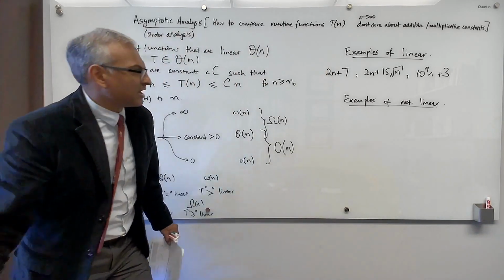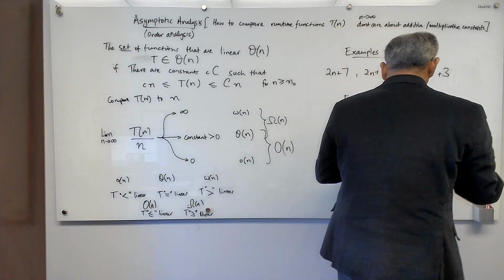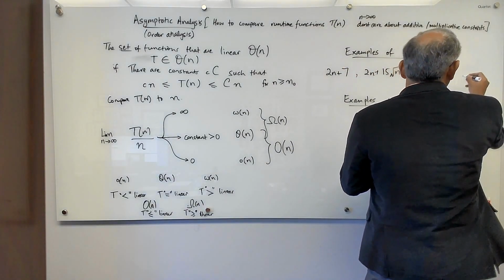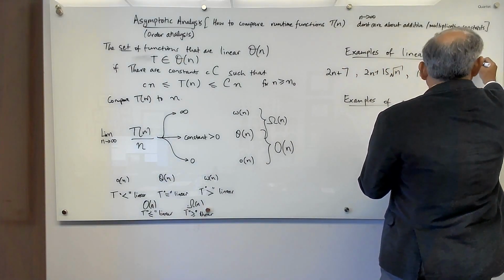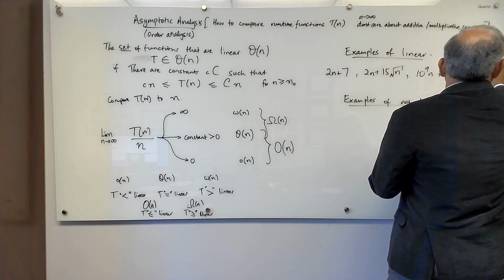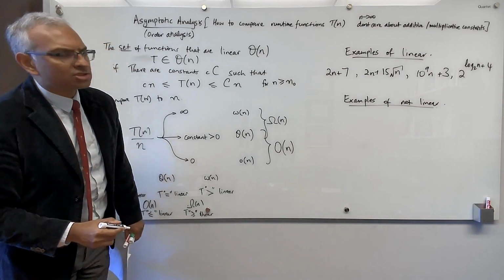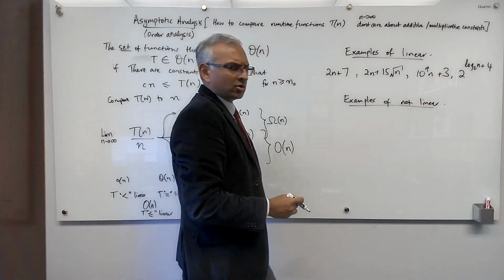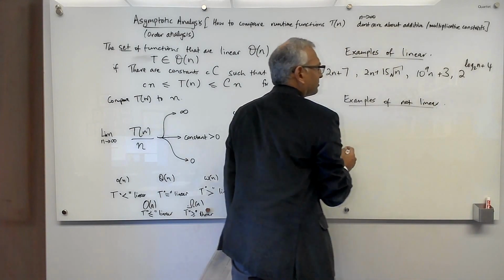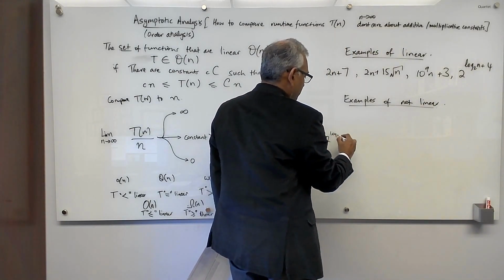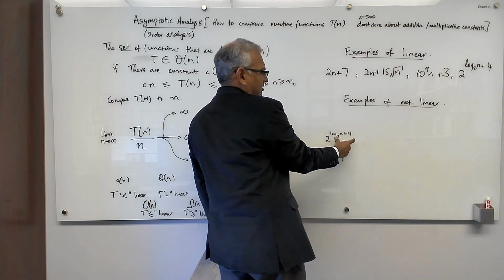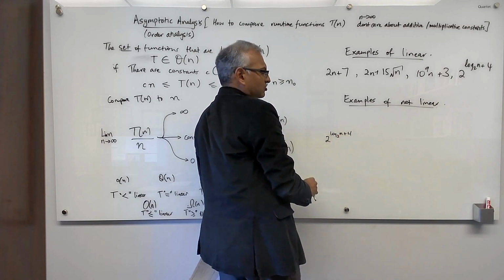Okay, let's do another example of linear. Okay, 2 to the log base 2 of n plus 4. And you look at that and say, whoa, that's exponential. Okay, now this is where you need to use your knowledge of logarithms. 2 to the log base 2 of n plus 4. So when you have a sum in the exponent, it translates to multiplying.